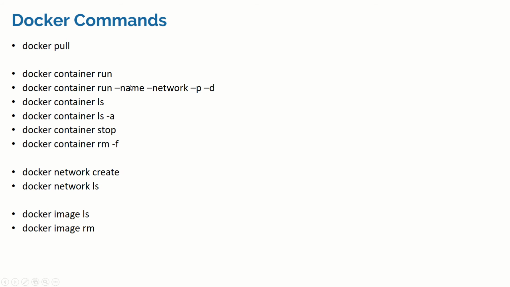Going next into Docker container ls, you use this command like the Linux ls command to find out what containers are currently running. If you have a dash A at the back, it will show all the containers that are either running or have stopped. So in the life cycle of a container, you are able to start the container with Docker run.